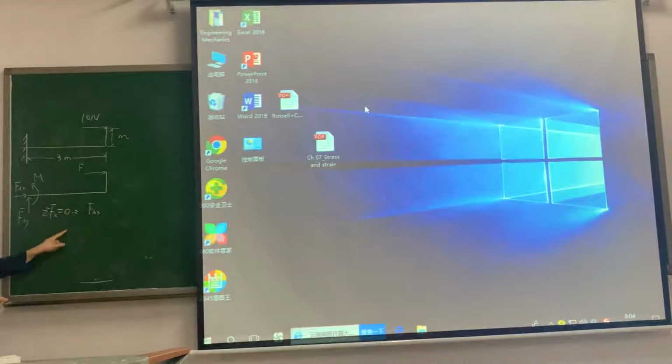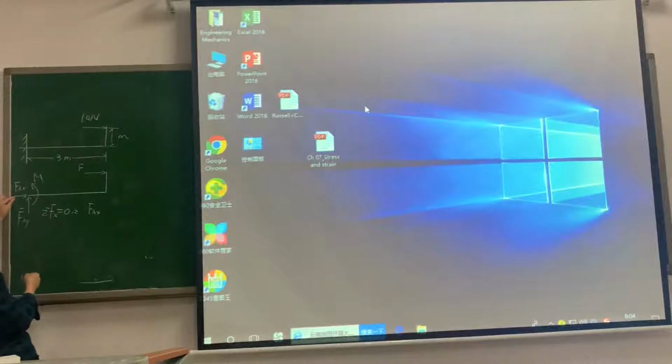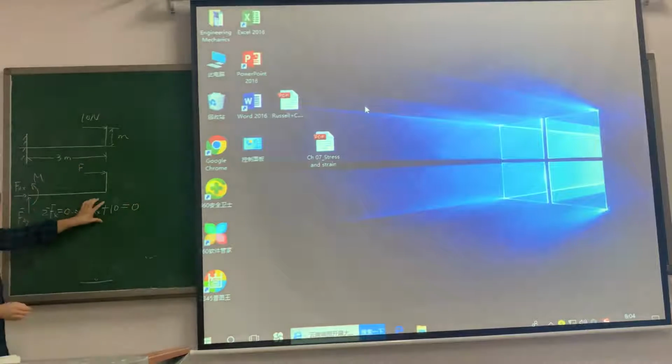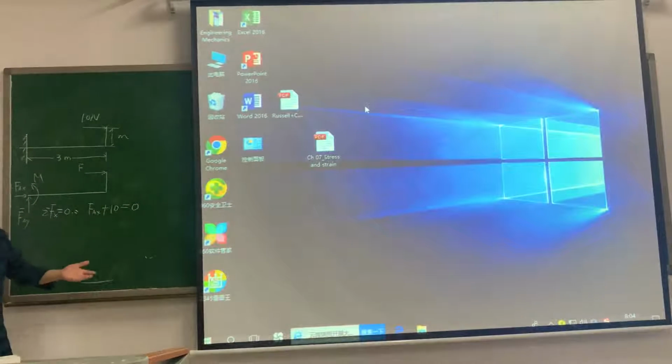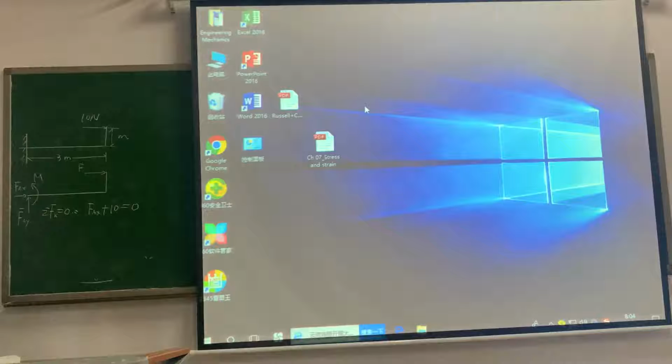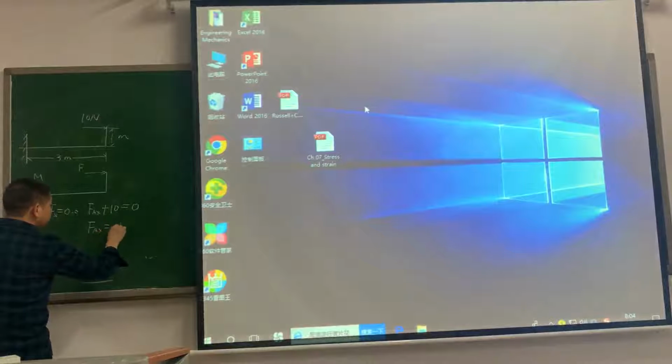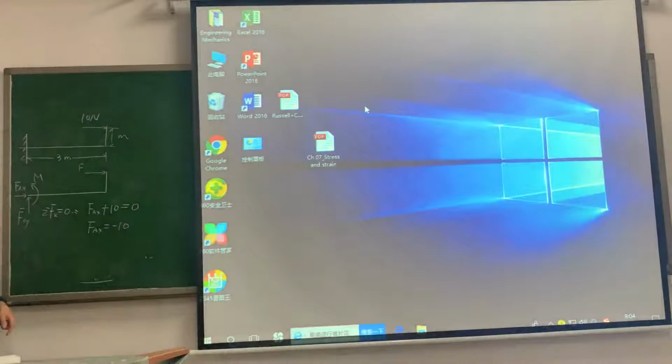That is the meaning of the equation. It means horizontal. The summation of all the horizontal forces. Yes or not? So we can get Fax equal F0.